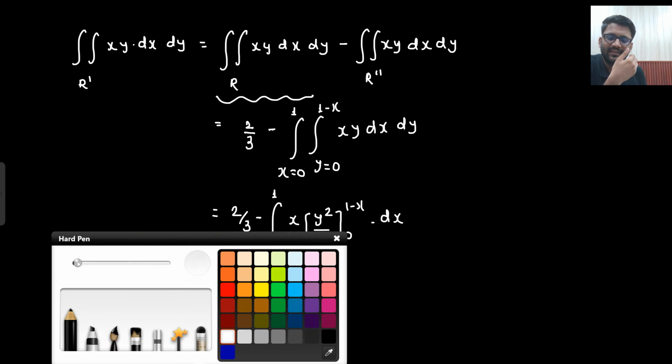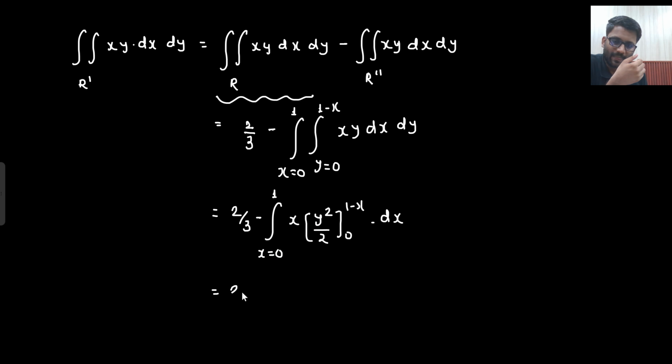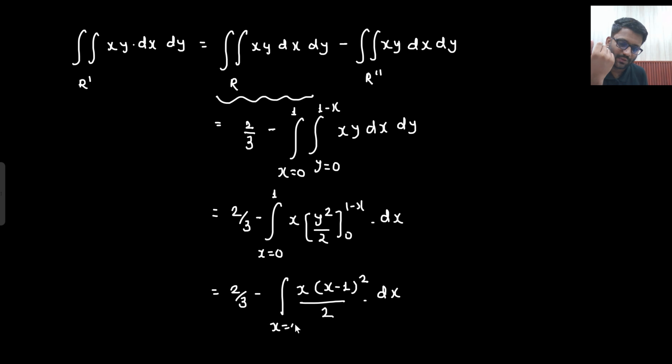Really sorry, guys. So 2 by 3 minus, what is happening here? x into x minus 1 whole square. This 1 minus x I am putting as x minus 1. x minus 1 whole square divided by 2, dx, limit of x going from 0 to 1.